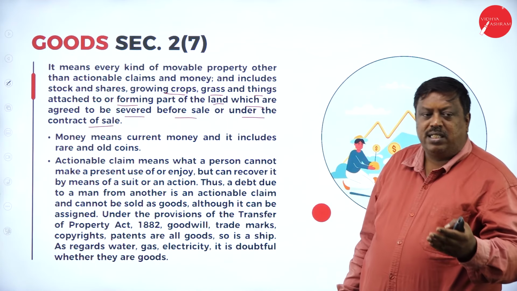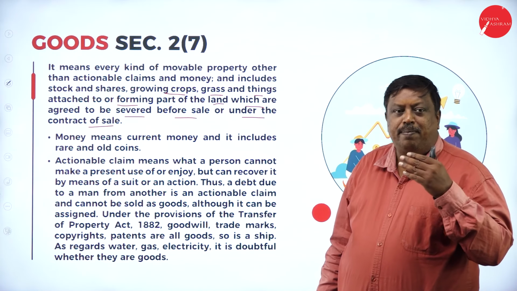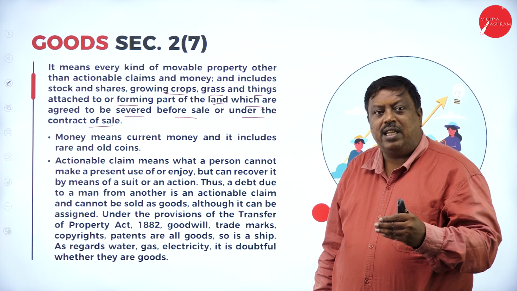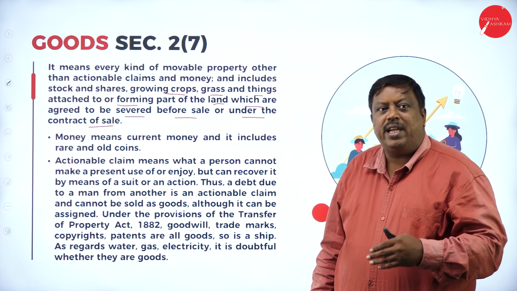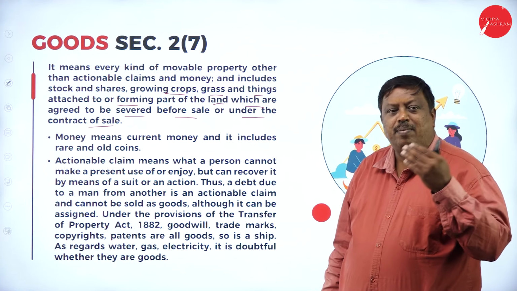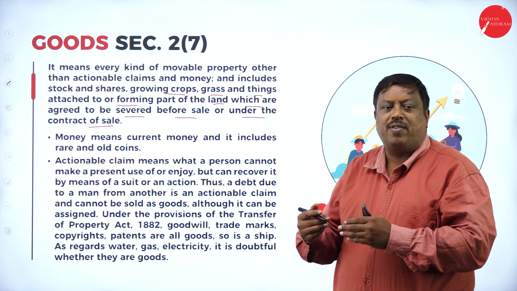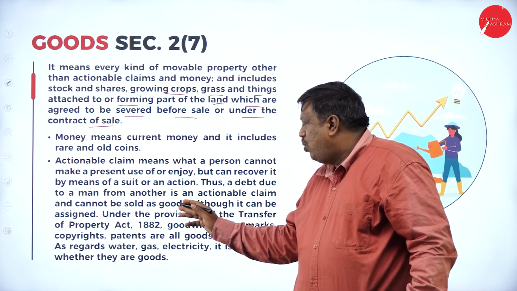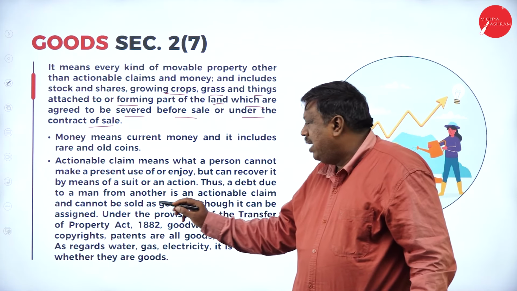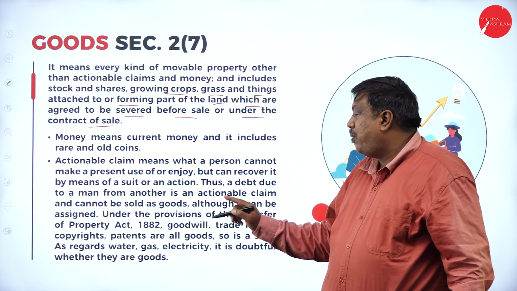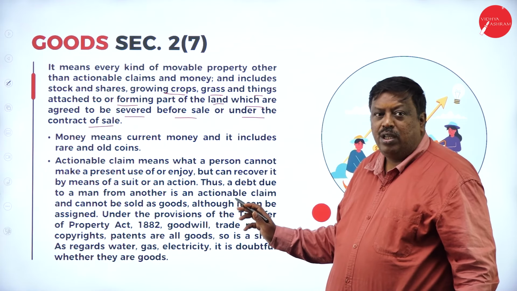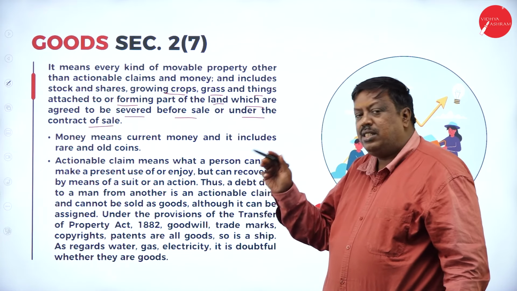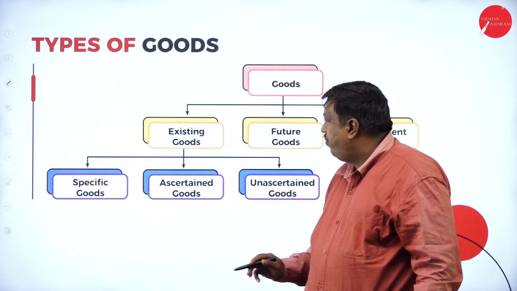When the person fails to make the payment of the debt amount, that property can be auctioned and I can claim the amount and get the benefit from that. If we have that concept here, that can be considered as sold goods, although it can be assigned under the provisions of the Transfer of Property Act 1882. So as per the Transfer of Property Act 1882, this is considered as goods only.